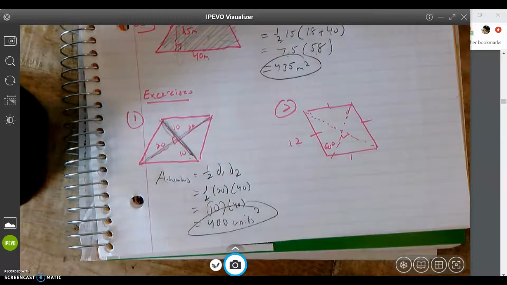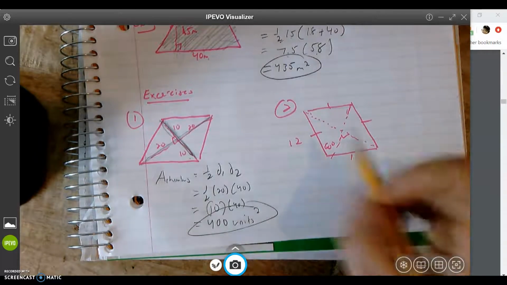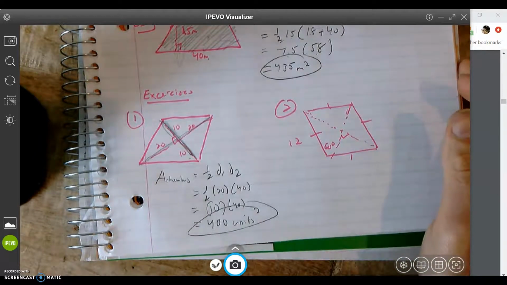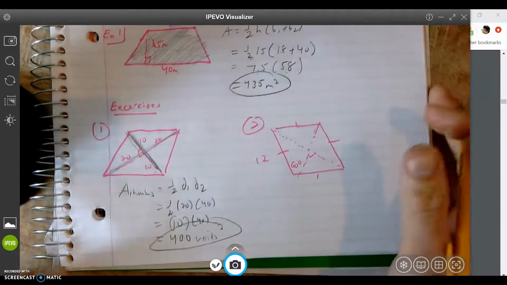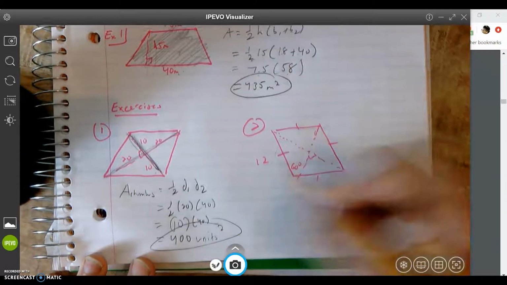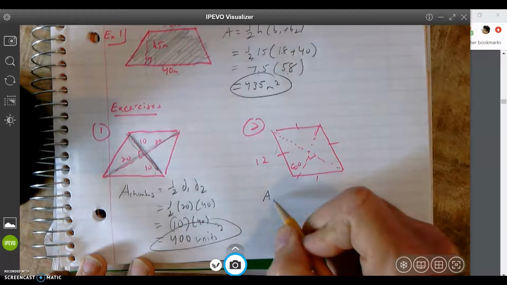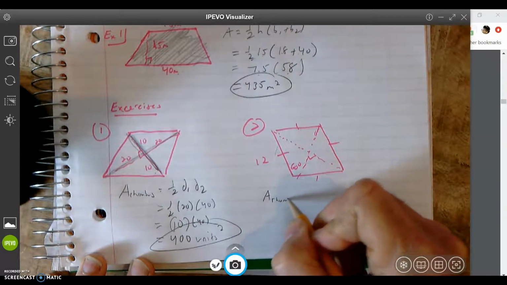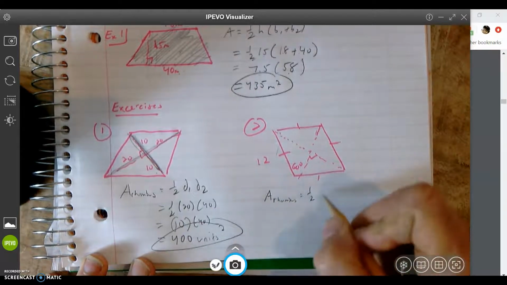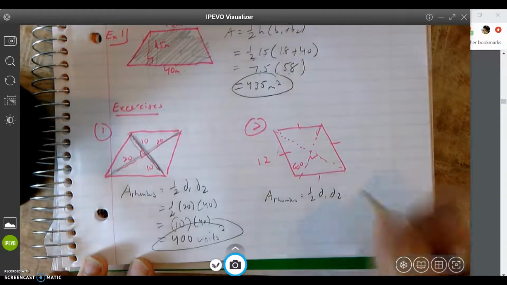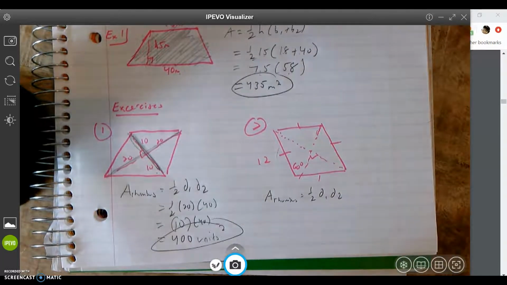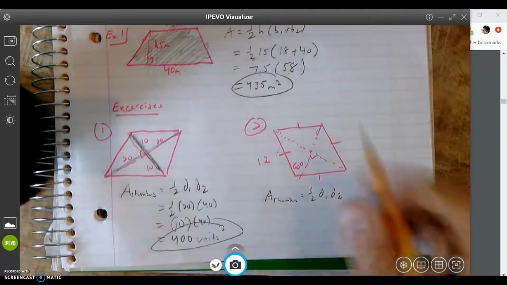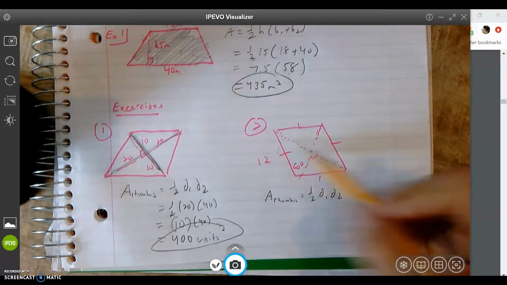Now we got number 2. A little bit more challenging. So, what is this? This is a rhombus. The area of a rhombus equals 1/2 times one diagonal times the other diagonal. One thing that's kind of weird is that it doesn't give you anything in here.